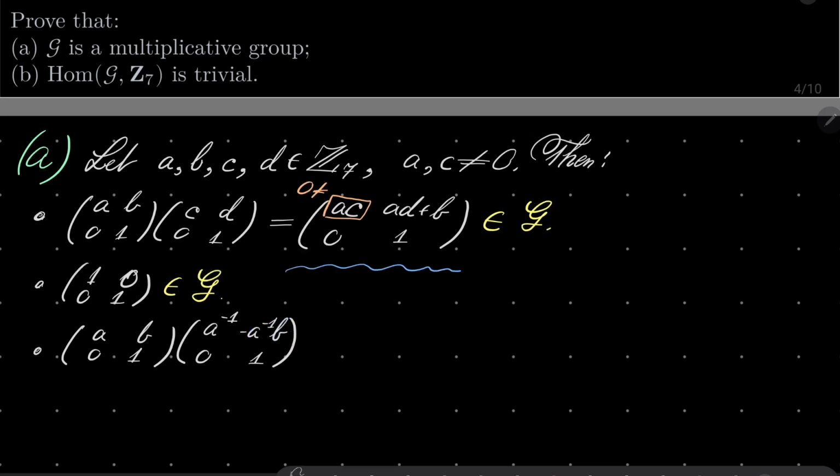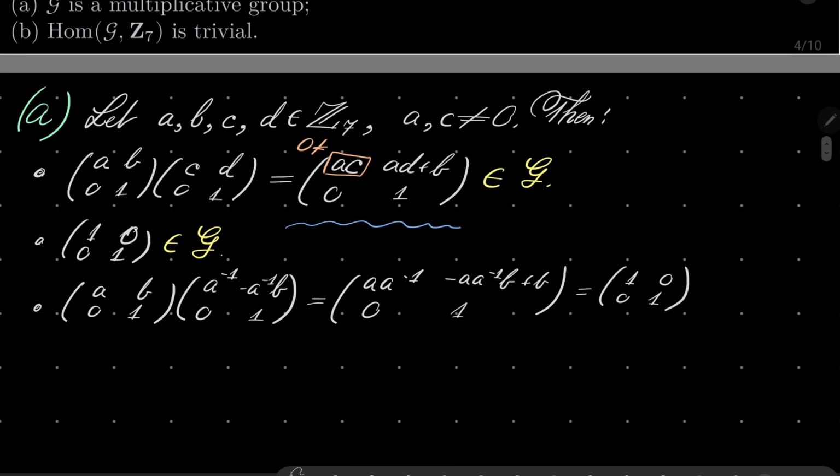And after doing that, let's notice we have A inverse times A, which is 1, and here minus A inverse B plus B, which is 0. It's the identity matrix, as it should be. And what about multiplying the other way around?